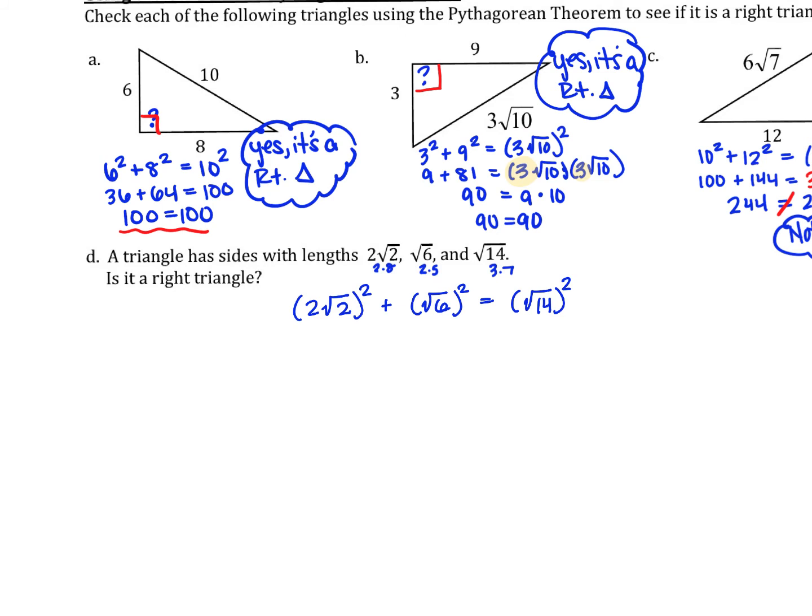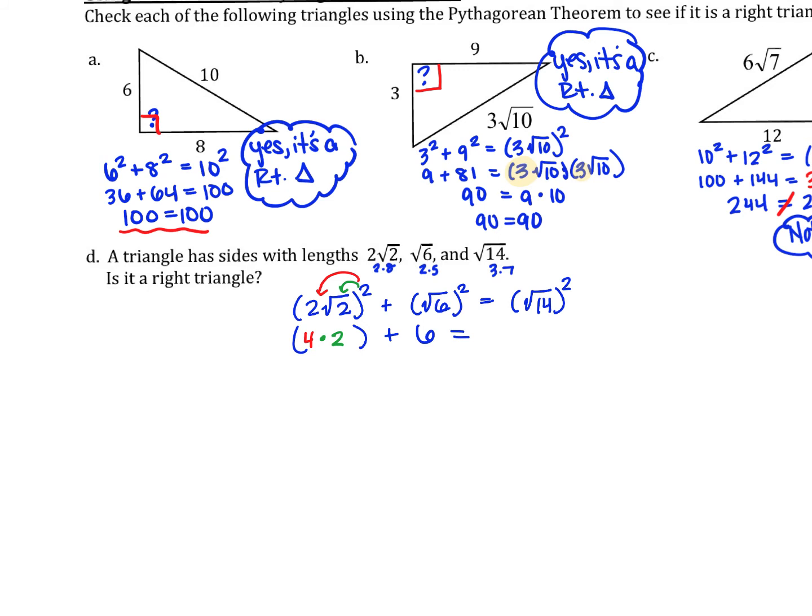So 2 root 2 squared, so you're going to do 2 squared, which is 4. And then you're going to do root 2 times root 2, which is the square root of 4, which is just 2. So root 2 times root 2 is just 2. Root 6 times root 6, the radical will disappear, and so will the exponent.